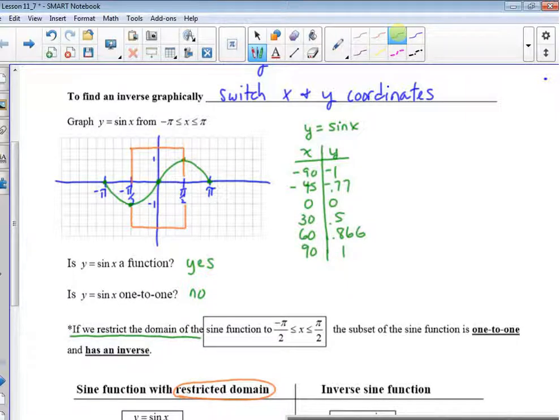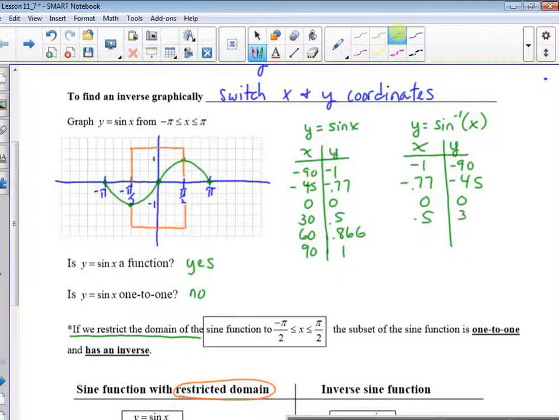Now if I want the inverse, which is y equals sine negative 1 of x, then I'm going to literally switch the x and y coordinates. So -1, -90, -0.77, -45, 0, 0, 0.5, 30, 0.866, 60, and 1, 90.